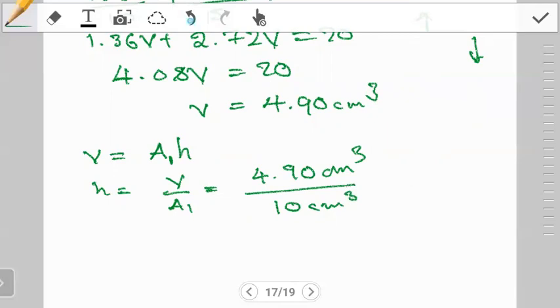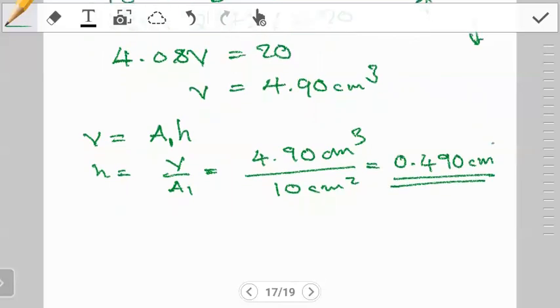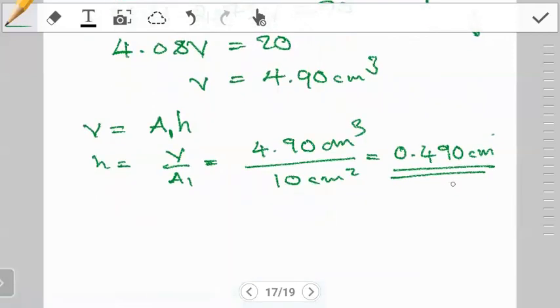Sorry, not centimeter cubed, this is centimeter squared. So when you divide, this gives you 0.490 centimeters. Okay, so this is the height of the mercury column that goes up on the left arm.